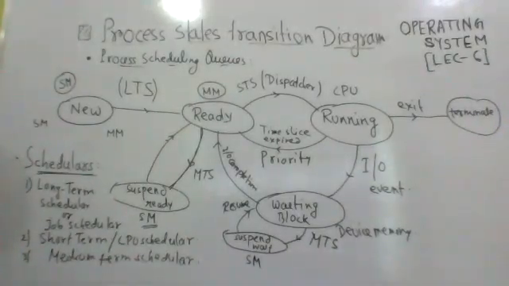And from waiting state to suspend wait, we again have the medium-term scheduler. So this is all about the process state transition diagram, process scheduling queues, and different types of schedulers.